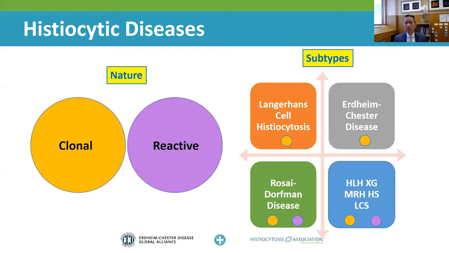And then there are the other less common subtypes, xanthogranulomas, HLH, and also the malignant ones, the sarcomas. Many of these are clonal in nature, although a substantial proportion are reactive, such as the HLH, and also some of the xanthogranulomas.